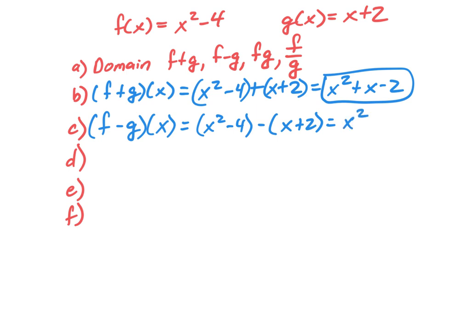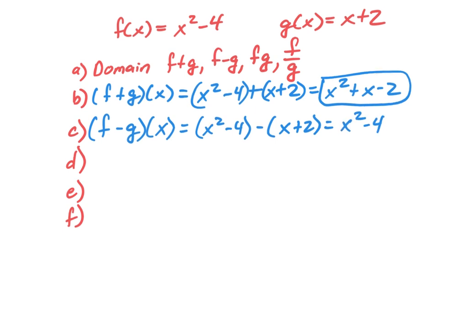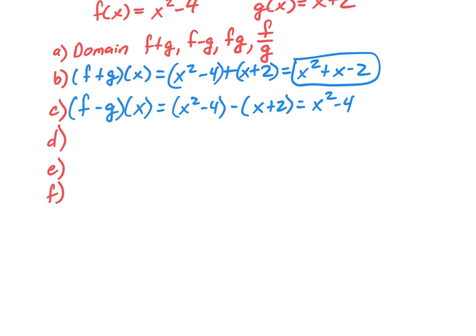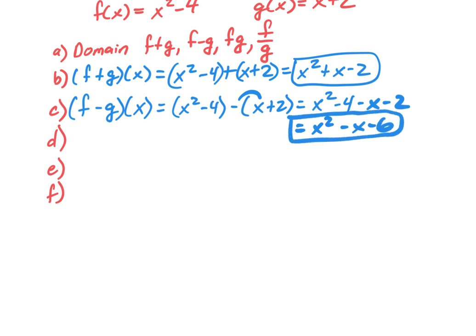The x squared minus 4, nothing's going to happen to it. But then we're going to go minus x minus 2. And then we can combine like terms. And we get x squared minus x minus 6.